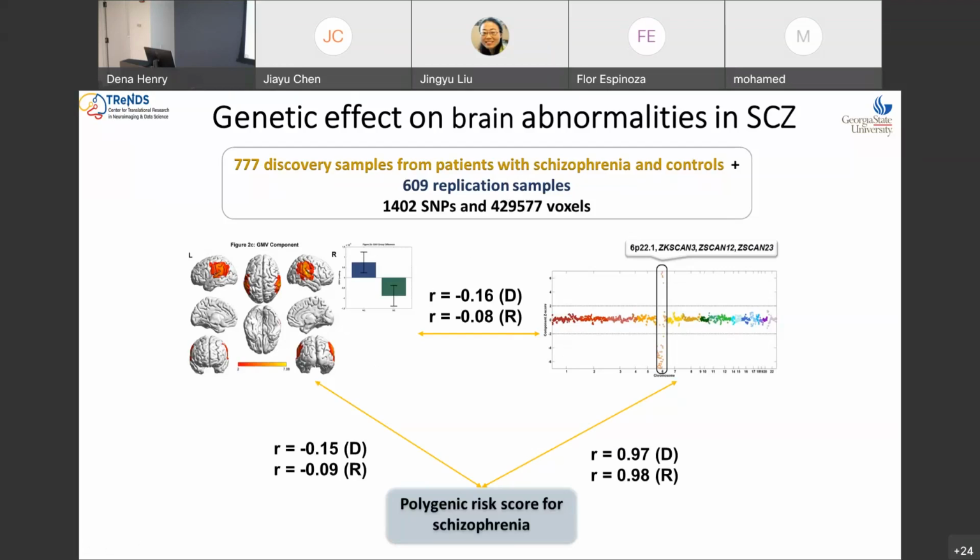Considering that for GWAS studies you need hundreds of thousands of samples to identify reliable SNP associations with features, now with parallel ICA, with fewer than 1,000 discovery samples, it was able to identify reliable component associations which can be generalized to new data. So it's much improved statistical power.